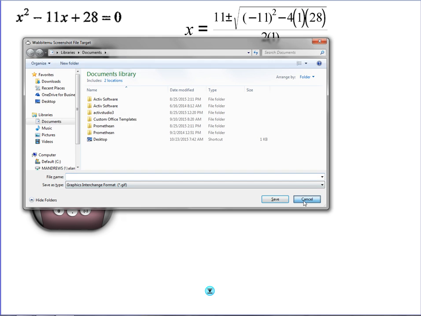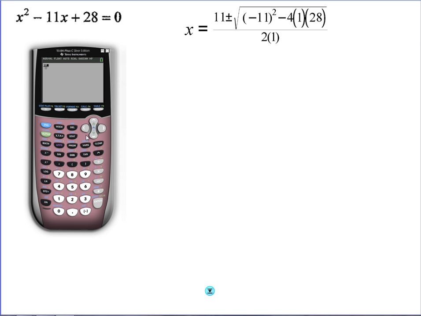Plus square root, and then like literally everything you see. I see a parenthesis, I type a parenthesis. Negative 11, close parenthesis, squared, minus 4 times 1 times 28.